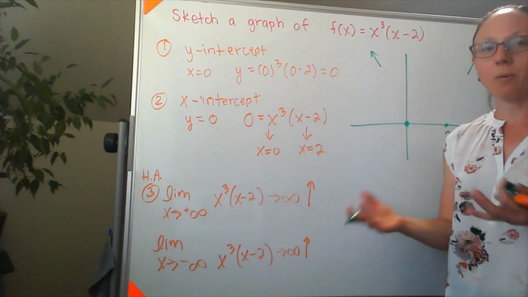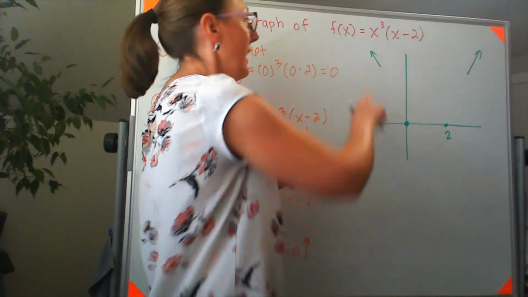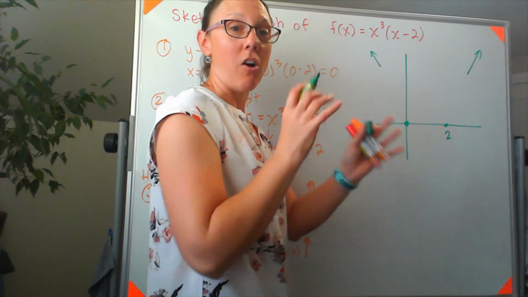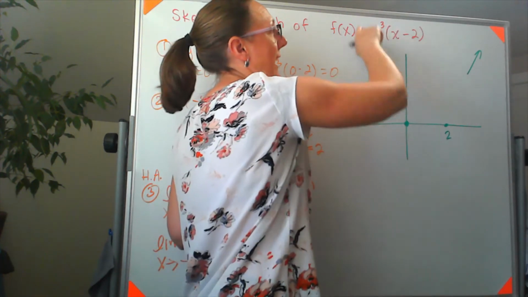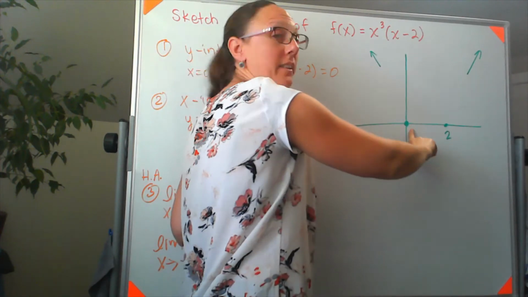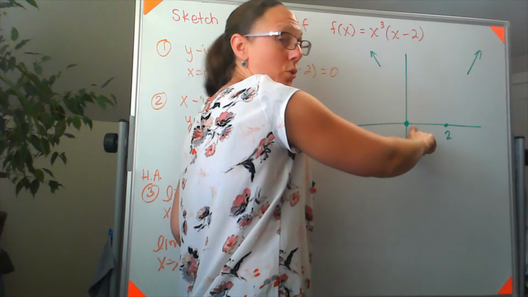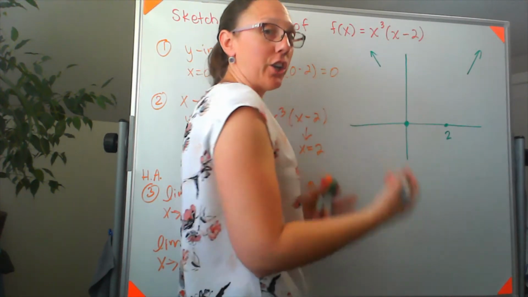Now, there's a trick that we may or may not remember from pre-calc. And that comes down to looking at the powers on my different pieces. So I know that that x cubed is what gave me the x-intercept of 0, which means that as I pass through this, it should behave kind of like a cubic.